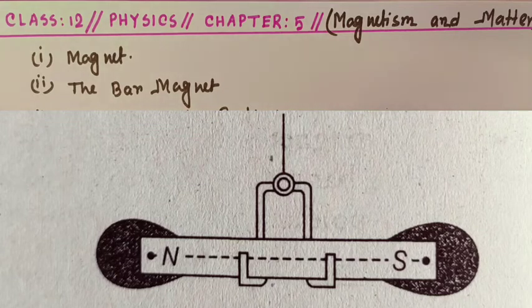The pattern of iron filing deposits suggests that attraction is maximum at the two ends of the bar magnet. These ends are called poles of the magnet. The poles of a magnet can never be separated. Okay, so from this figure you have the idea about the bar magnet.